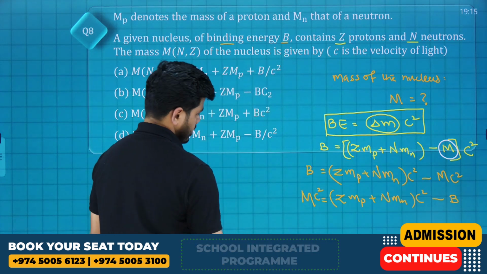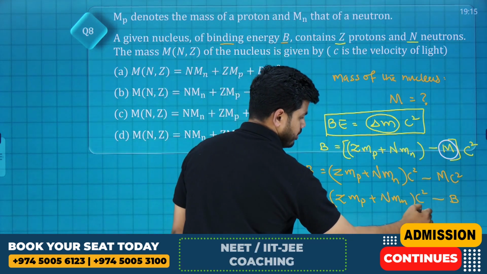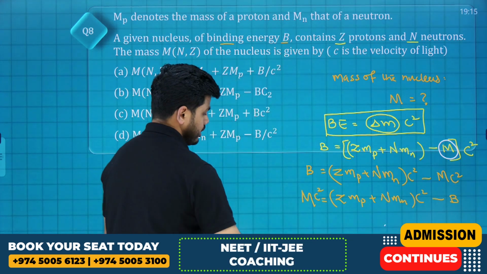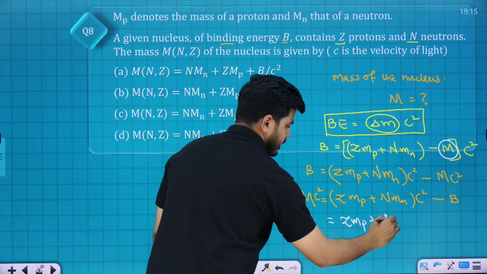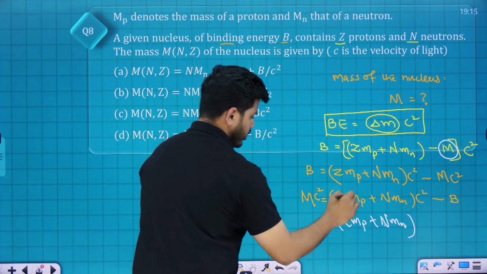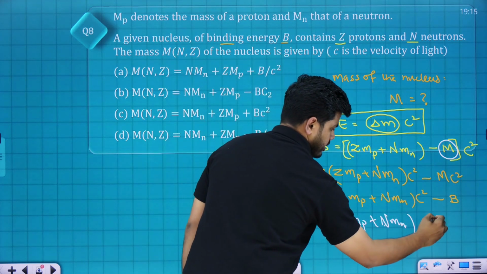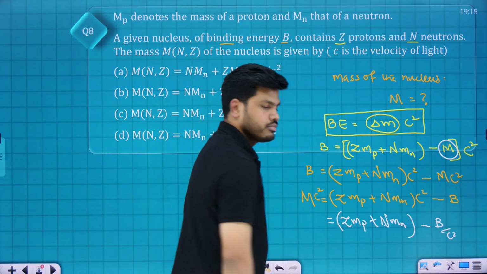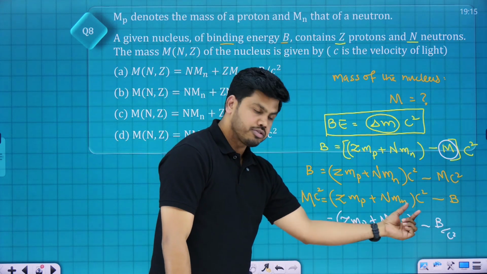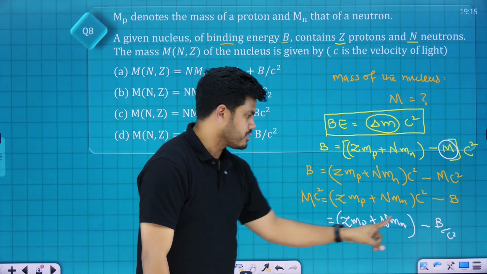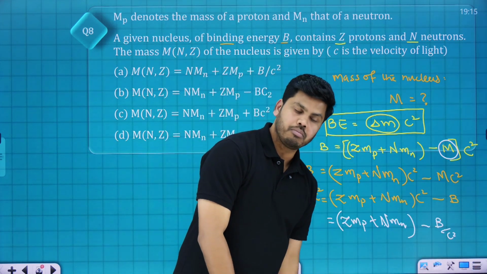Now if you take the C square to the other side, the first term's C square gets cancelled, and the second term is divided by C square.